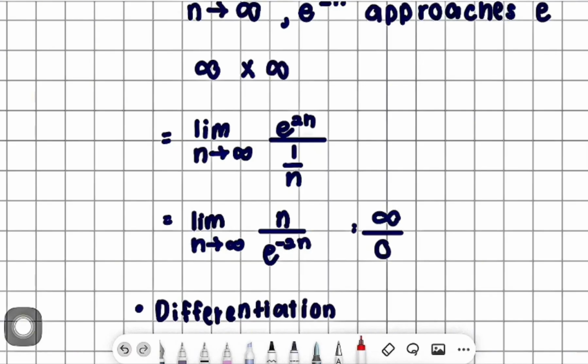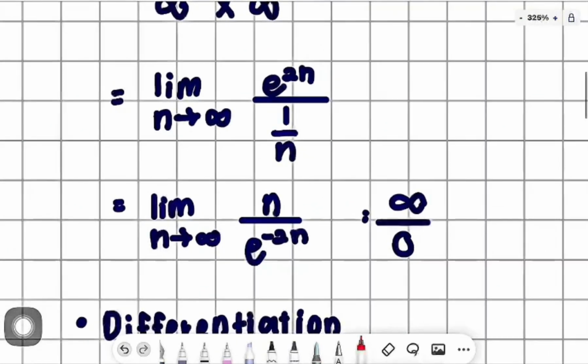We rewrite it as a fraction. Now the numerator is infinity and the denominator is 1 over infinity. This is still not the standard L'Hopital form, so we have to move the other part.